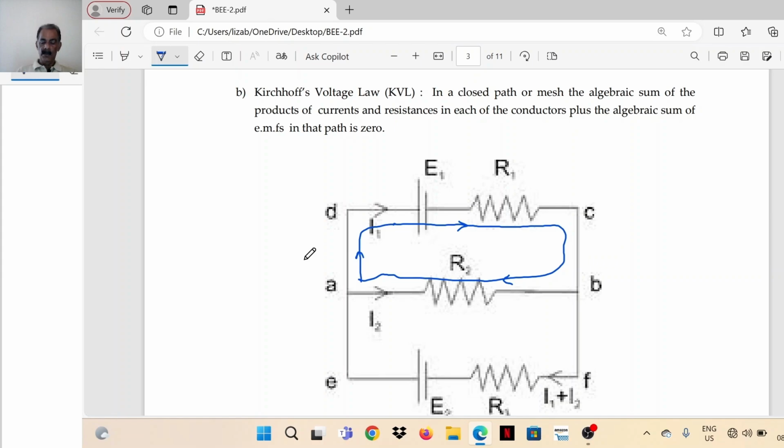So in a closed path, we have assumed one closed path here. That is ADCBA. In this closed path, the sum of EMFs and the products of currents and resistances. The products of currents and resistances, we'll call it IR drop.